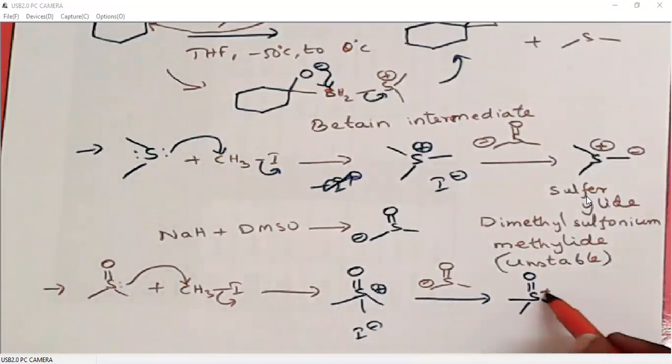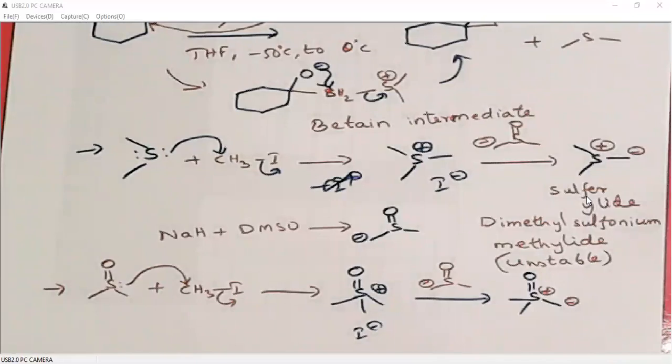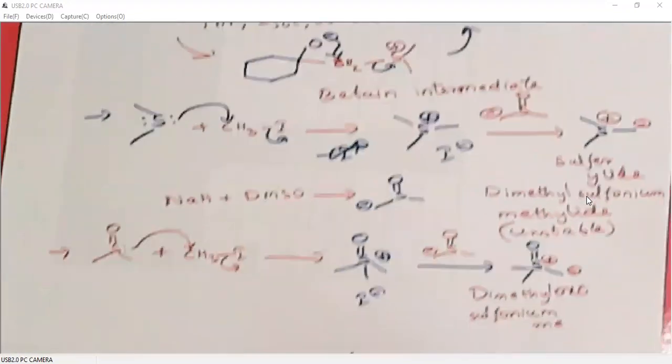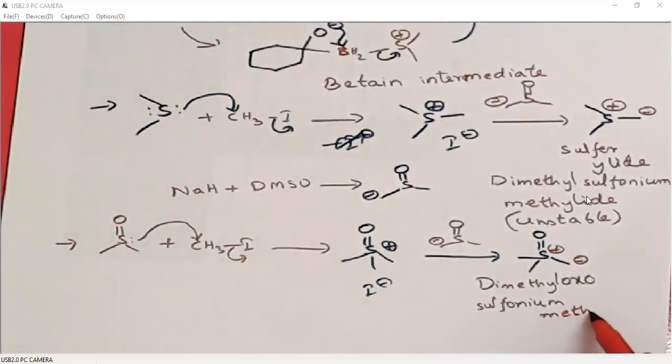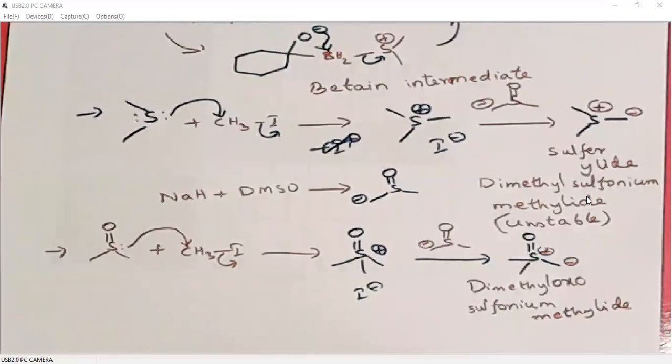It generates again an ylide. Since S double bond O is there, it is called dimethyl oxosulfonium methylide.